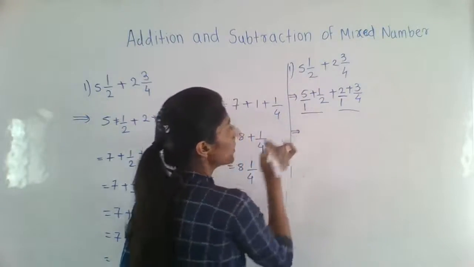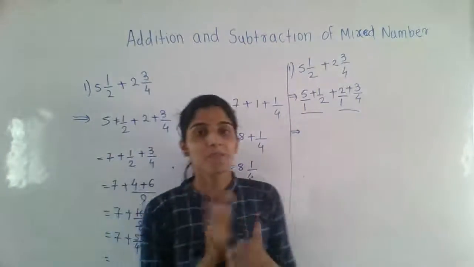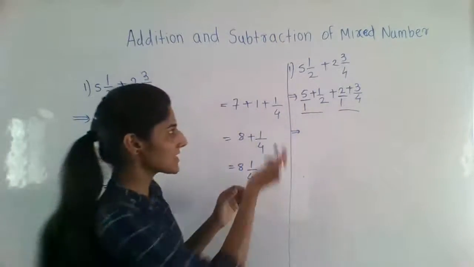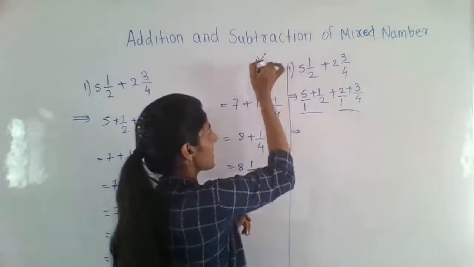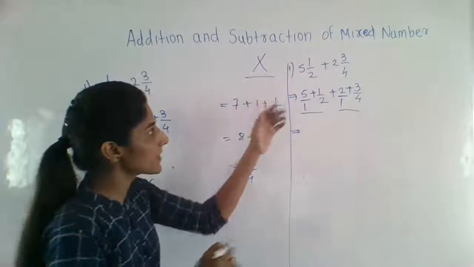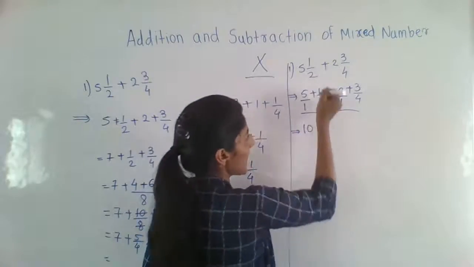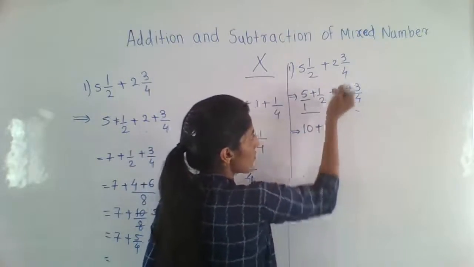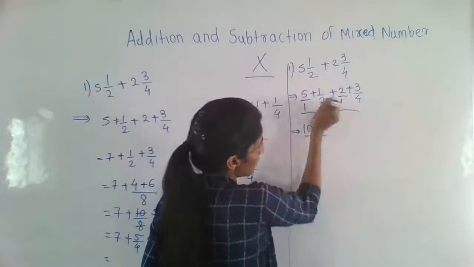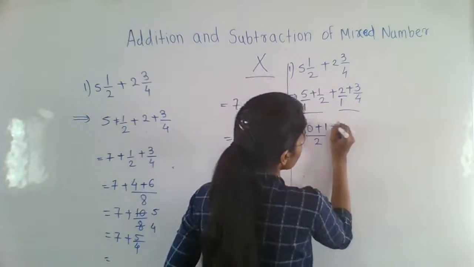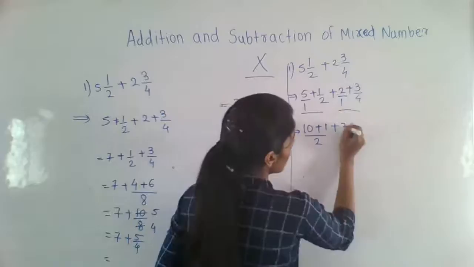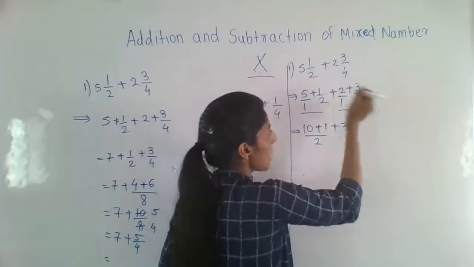Okay, now we have learned how to add the numbers by cross multiplication. Simply, cross multiplication is very easy, like this. Cross the numbers, that is cross multiplication means 5 into 2, that is 10 plus 1 ones are 1 and 2 ones are 2. Now you can see here 3 ones are 3 plus 4 twos are 8, or 2 fours are 8.